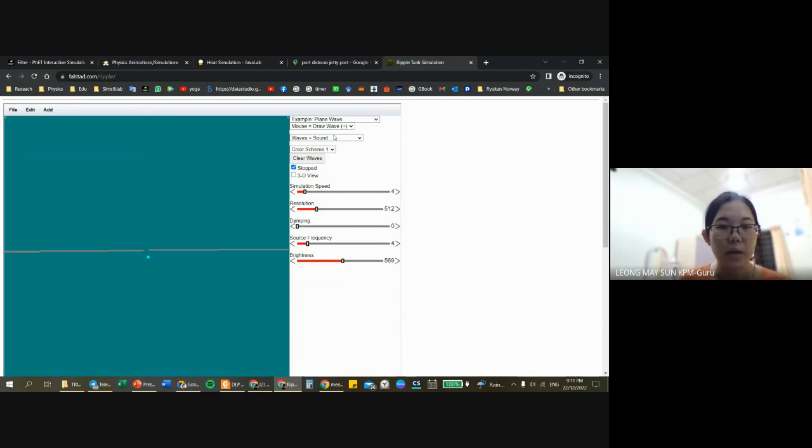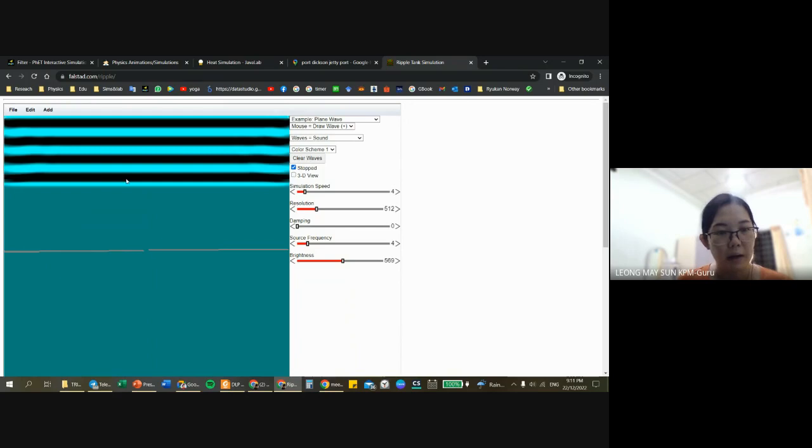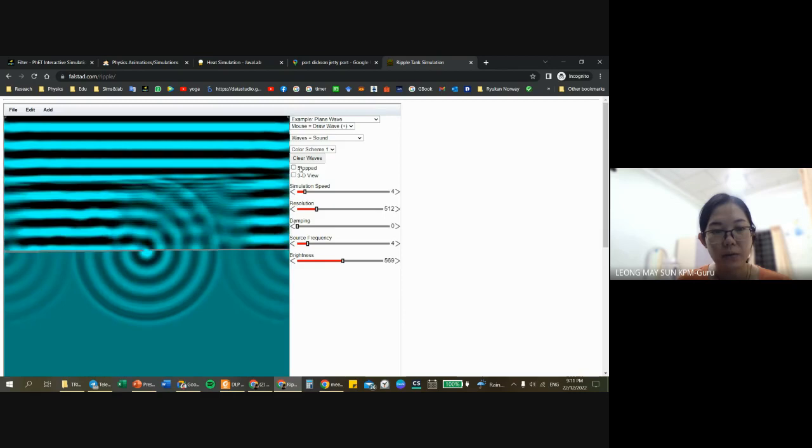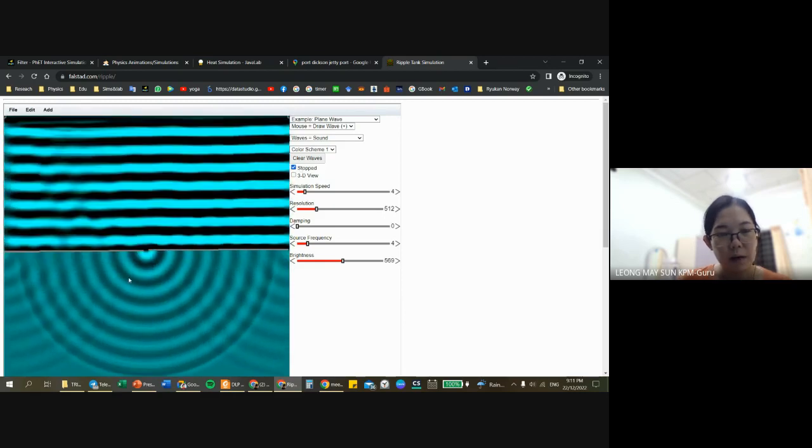What you can see right now is that the wave is coming and there's only a small little slit over here. Technically, when a wave comes, this part is a blocked area and the wave can only enter through here. But look what happened. The wave spreads out to the areas that it's initially blocked.